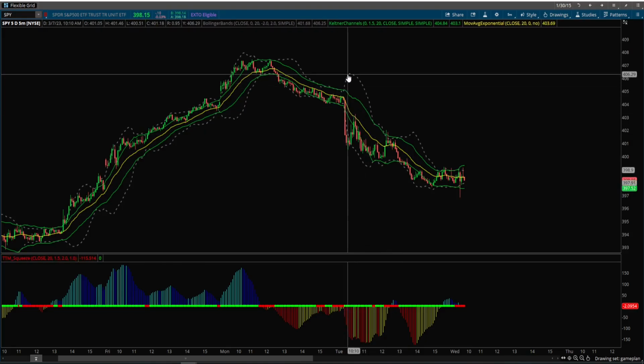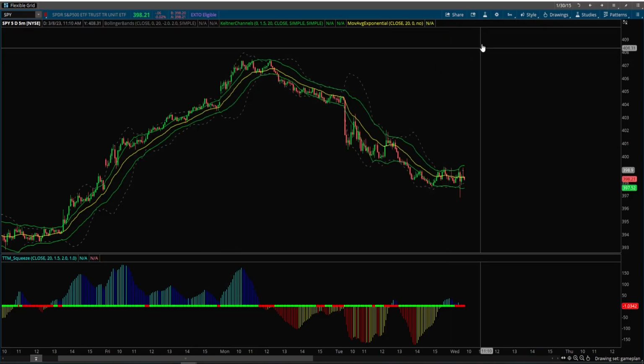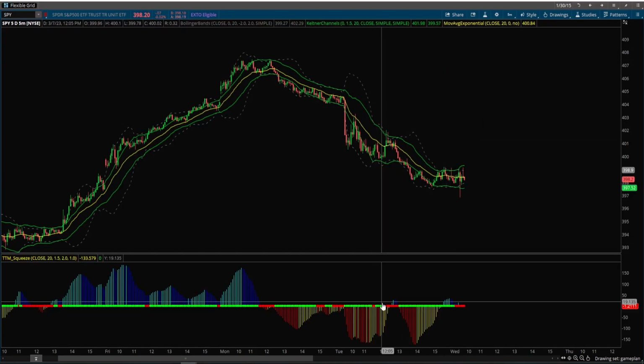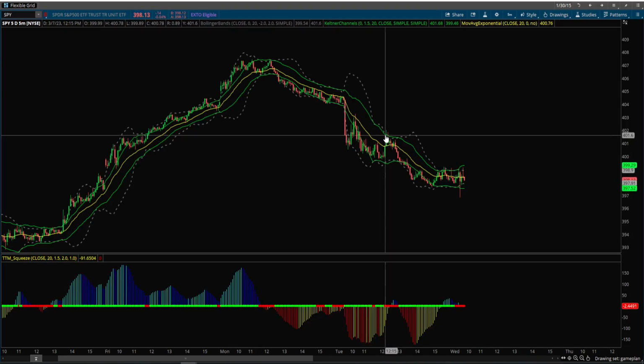And then we have the Bollinger Bands. The Bollinger Bands are standard deviations. Here we're using two standard deviations from the mean, which is the 20 EMA. So what is a squeeze, right? A squeeze, as you can see down here, is when the Bollinger Bands go inside of the Keltner channels.